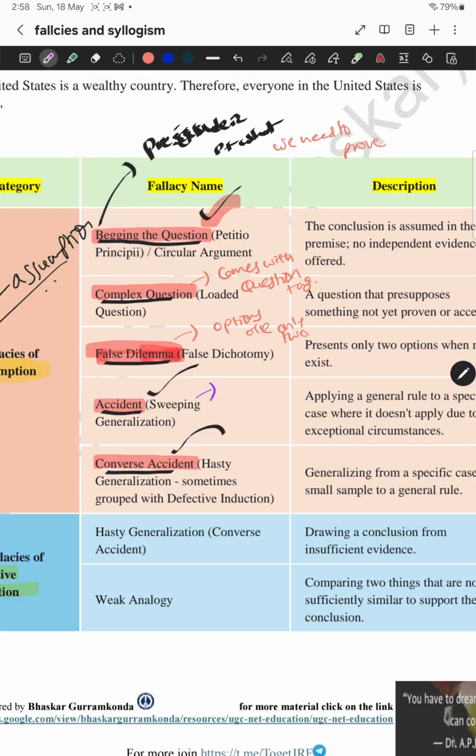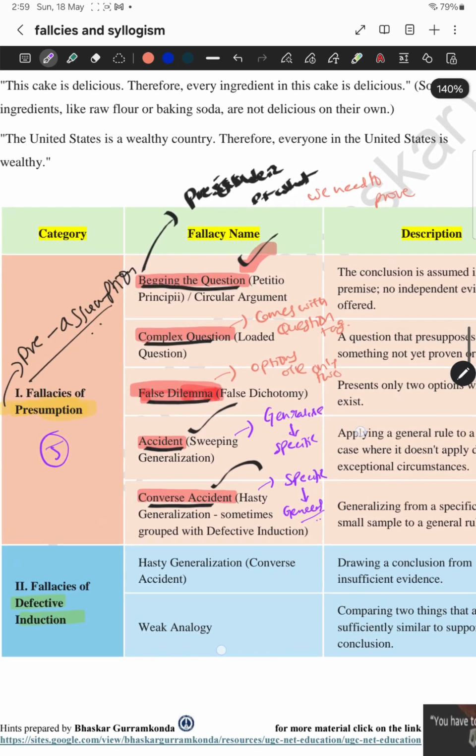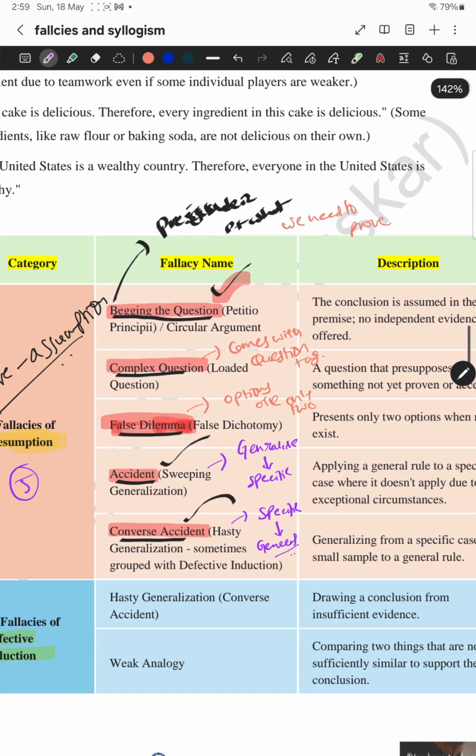Now accidents we have already seen: sweeping generalization, where a generalized statement is applied to a specific condition. And this is a specific statement applied to a general condition. So this is fallacy of presumption, which contains five fallacies in it. So you should not have any other confusion based on this.